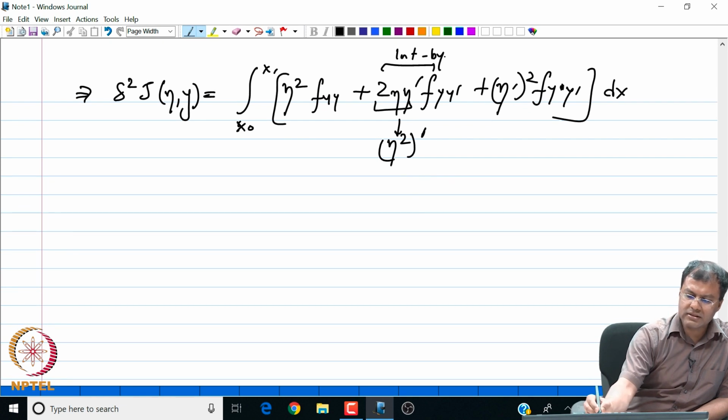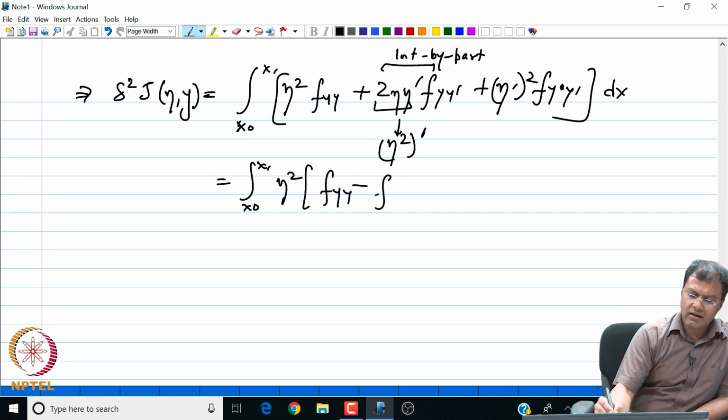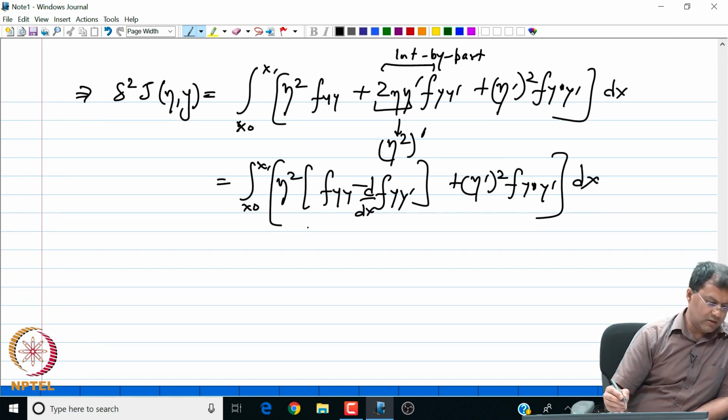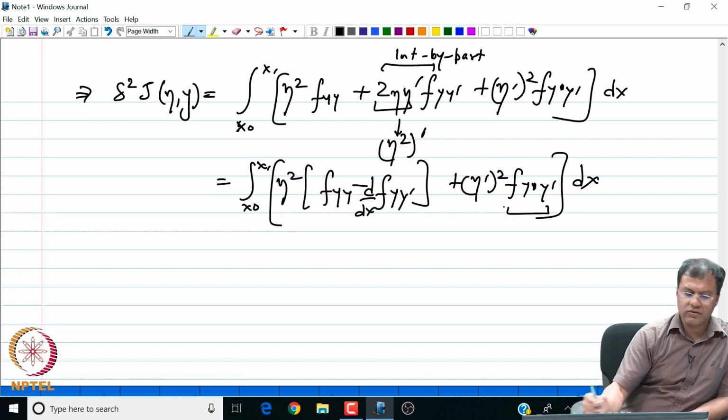We integrate by parts and change this integral into the following form: eta square times f y y minus d dx of f y y prime, plus eta prime square f y prime y prime, dx. We will show that the sign of this second variation completely depends on the sign of this quantity. Well, we will just state the result.